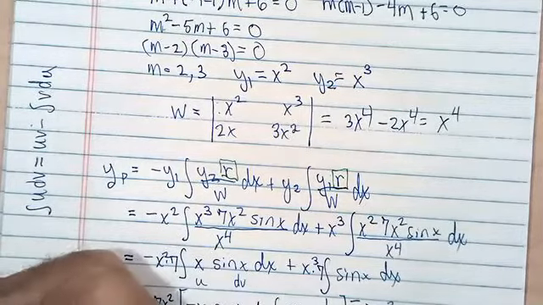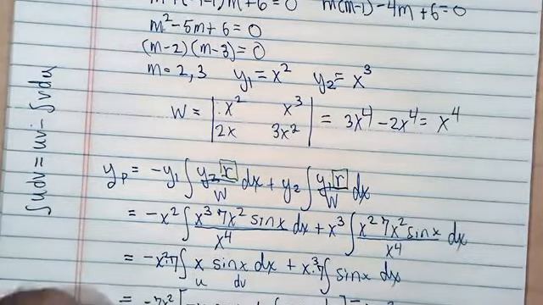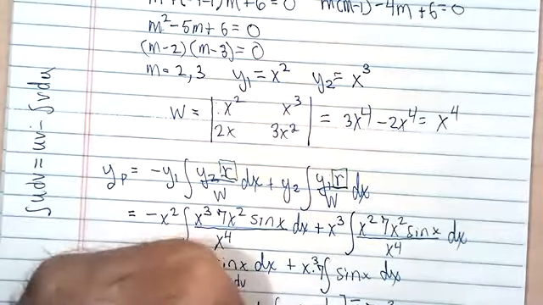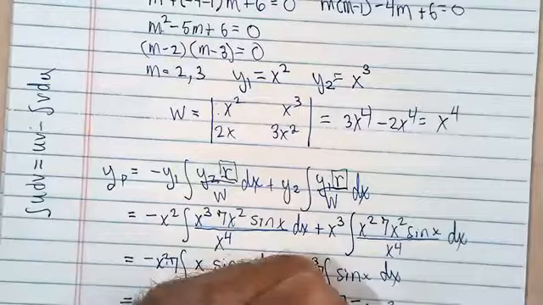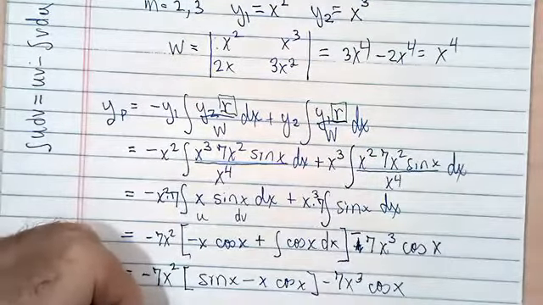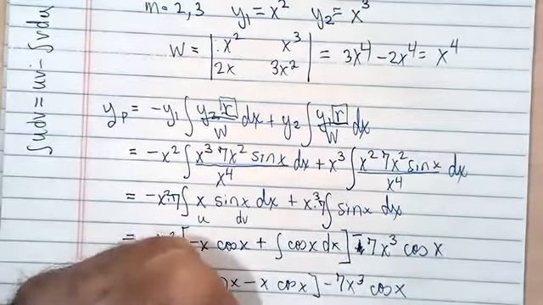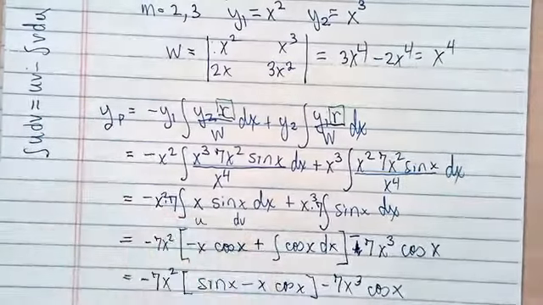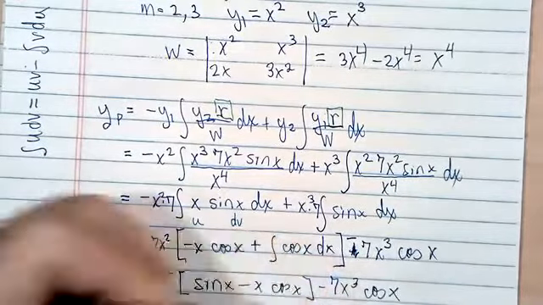Minus 7x squared times, let's see, the derivative of sine is cosine, so this is sine of x from this antiderivative, minus x cosine of x, minus 7x cubed cosine of x, and that is minus 7x squared sine x, plus 7x to the third cosine of x, minus 7x cubed.